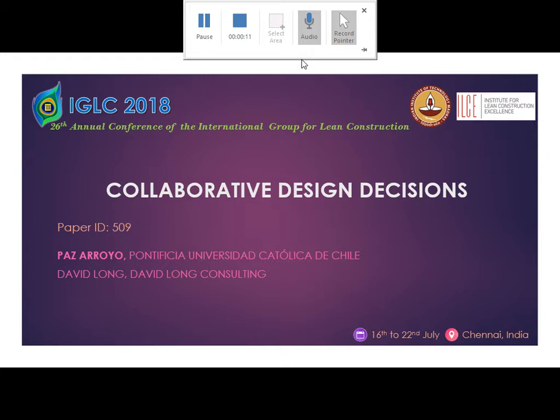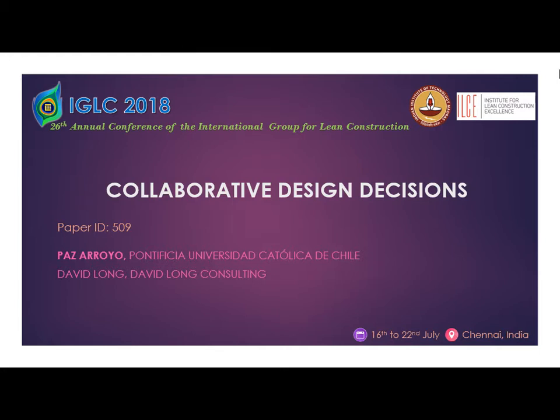Okay, so this is collaborative design decisions. This is a case study, and I'm very happy to present it because this is the first time that I know of that CVAs have been implemented systematically with other lean tools and that we actually measure results in the project.